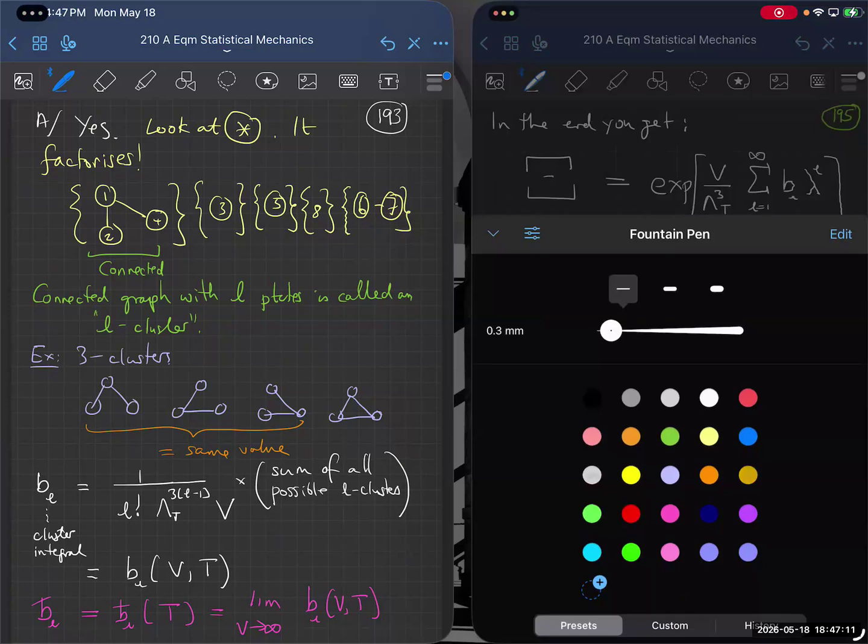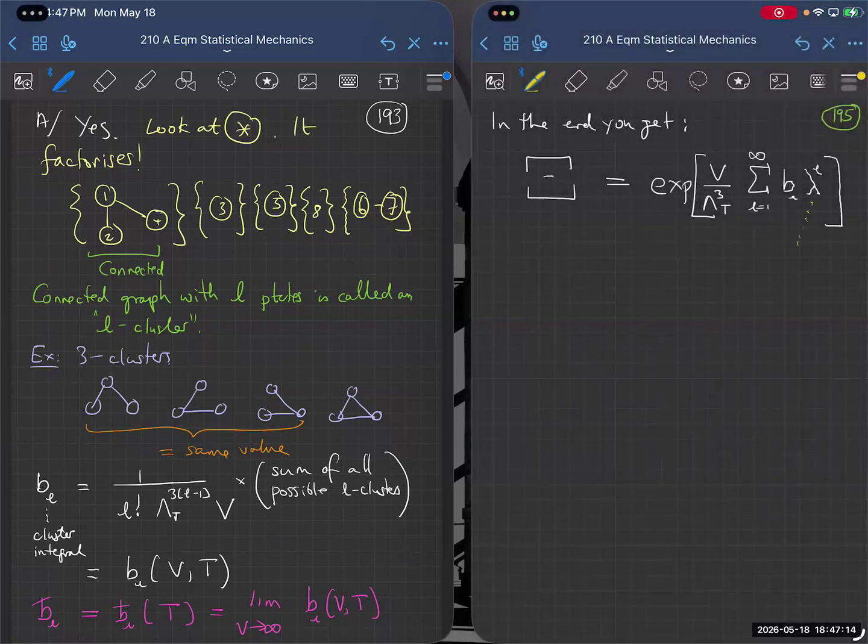And this is the grand partition function. So this thing here is the fugacity.